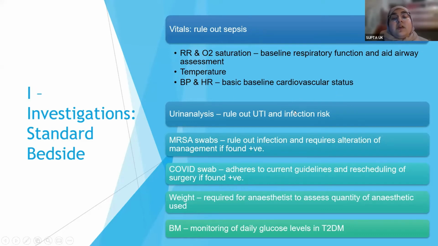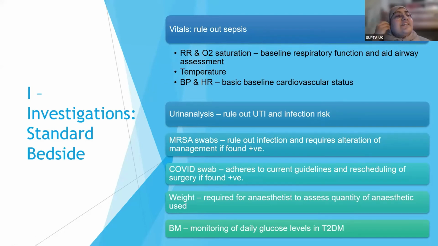Urinalysis to rule out a urinary tract infection and therefore prevent any sort of infection risk in the surgery itself. MRSA swabs, again, to rule out infection, and if that is present, then you need alteration to the antibiotic prophylaxis given if found positive.